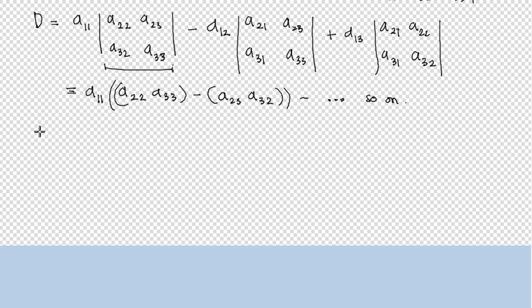And then how to find the solution, we can use Cramer's rule.